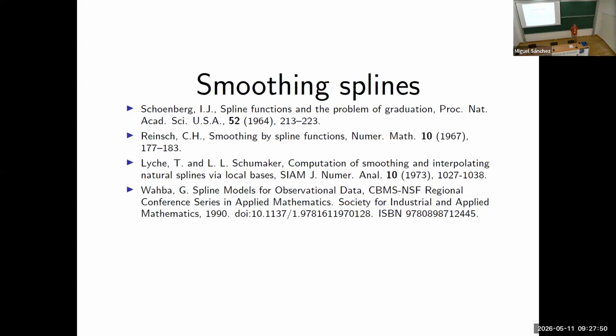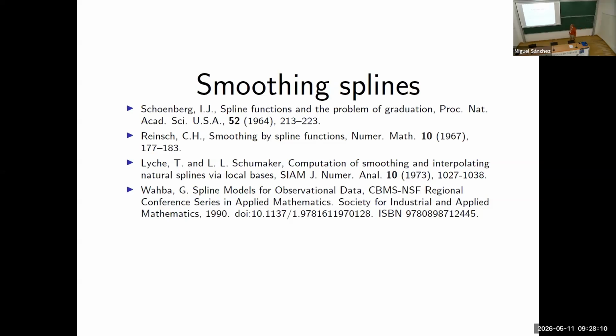Combining data smoothing with splines. As in many cases with splines, the first article is by Schoenberg, which, if there are any students here, has a funny title, Spline Functions and the Problem of Graduation.